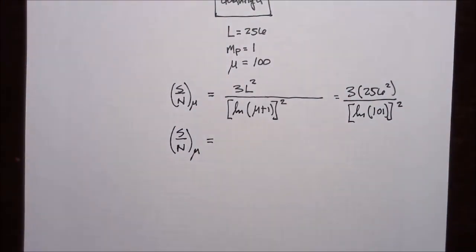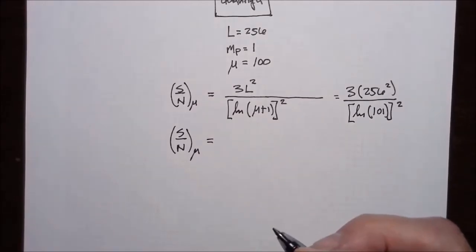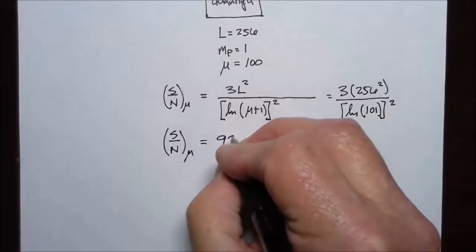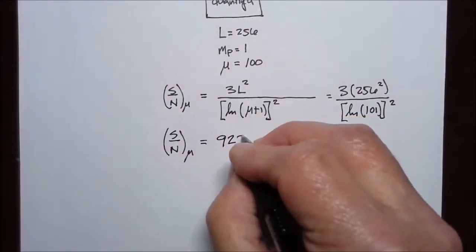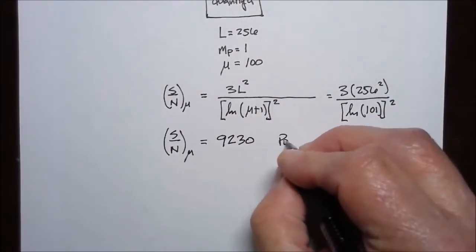By my calculation, 3 times 256 squared, 101, we take the natural log, and then I square that, and I divide, and I get 9,230 for the power ratio.